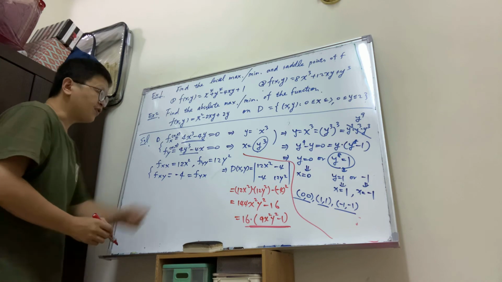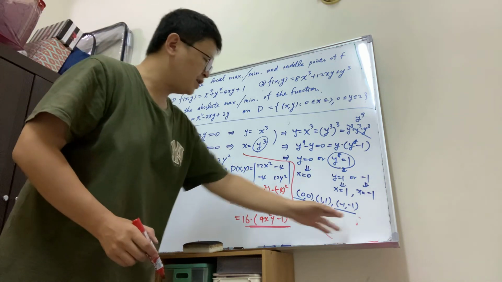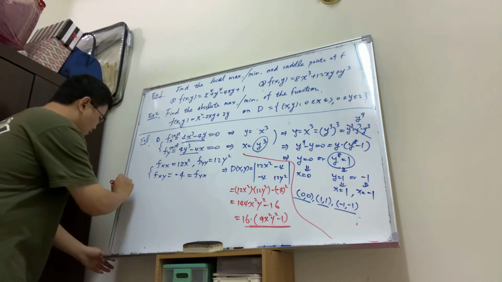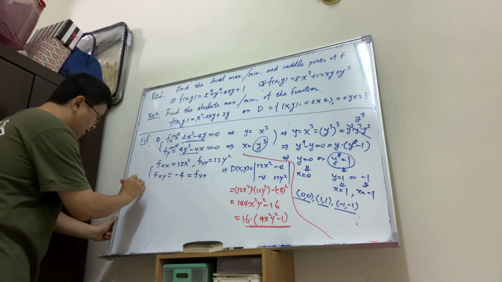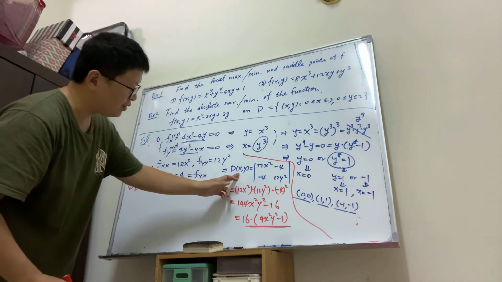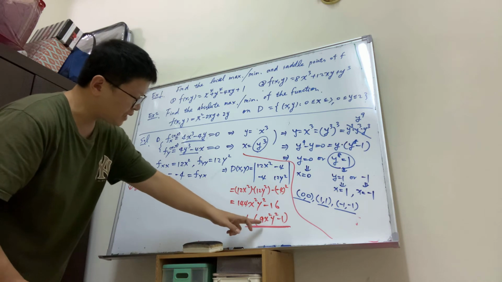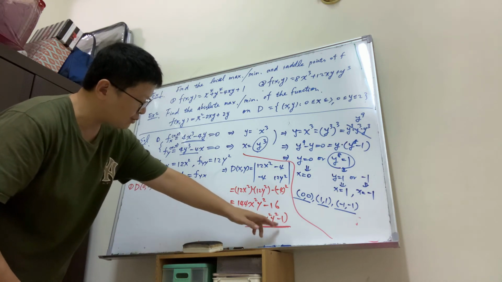Okay, and for this term, now we just need to check each point. So the first one, for example, is (0, 0). So check D(0, 0). We just need to plug in the point (0, 0). This term is 0, subtract 1.